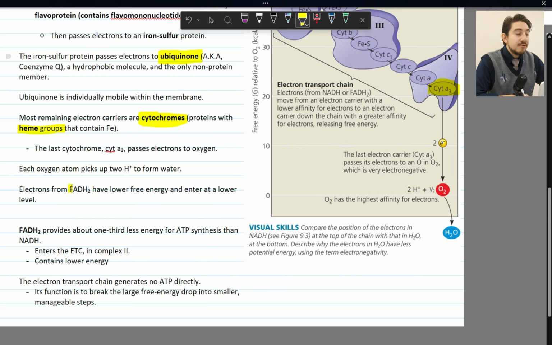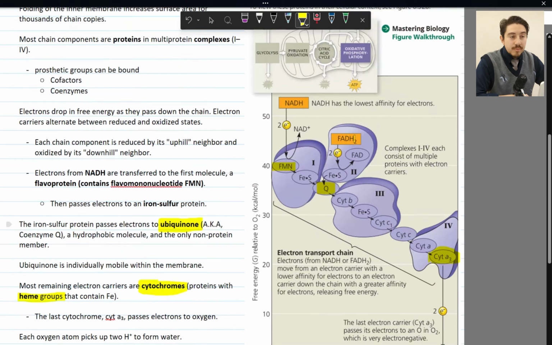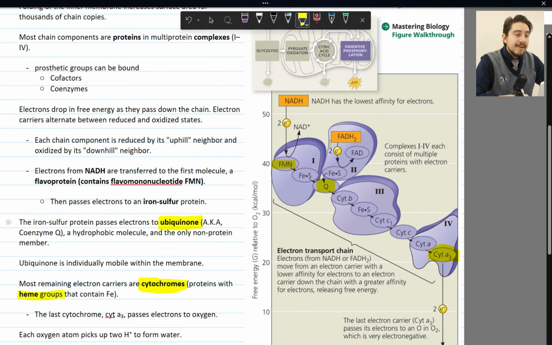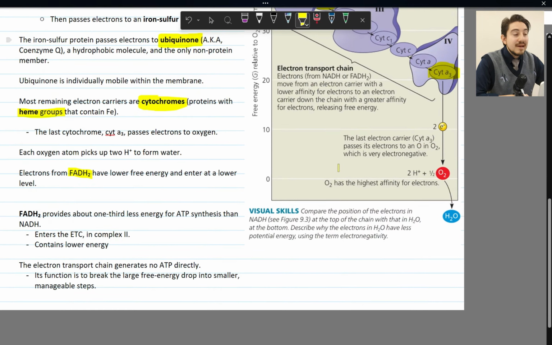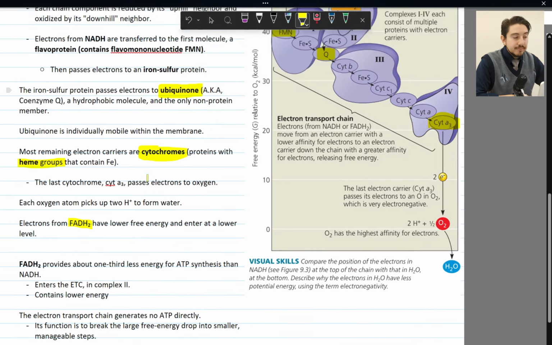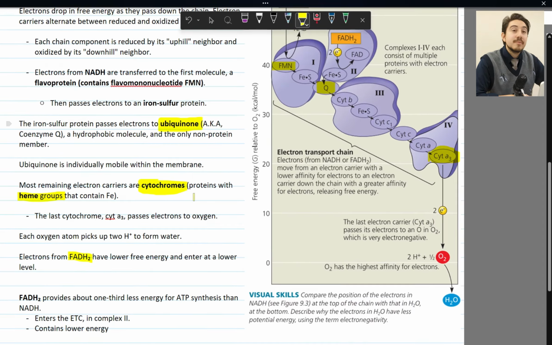Electrons also come in from FADH₂, which, remember, is another kind of shuttle molecule, or electron carrier. It also provides electrons, but at a lower energy level. It has a lower free energy and starts at a lower level. So this one comes in from complex number 2.